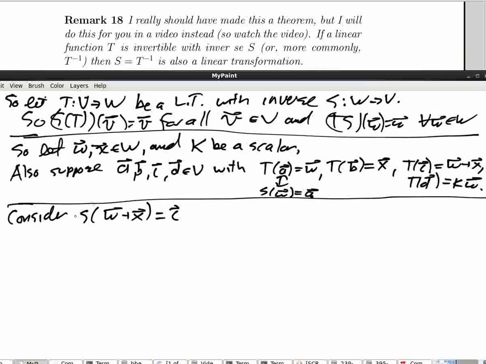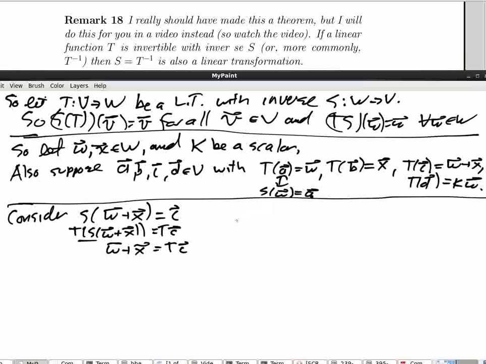I can apply T to both sides of this. T of S of W plus X is equal to T of C. By the way, I'm trying to translate everything in terms of T's, because I know that T is linear, and so that's something that's really nice.